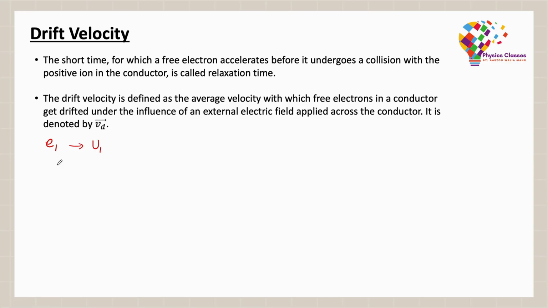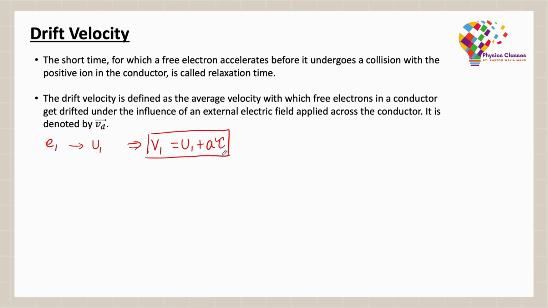Let's say it was accelerated for some time tau, because the moment it suffers a collision, the velocity will drop to 0 again. So the new velocity of this electron, v1, would be equal to u1 plus a times tau, where tau is the time for which it is accelerated.